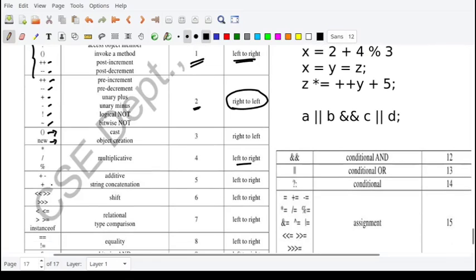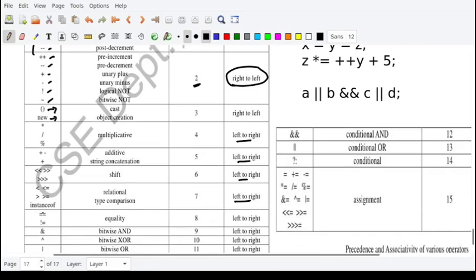Then you have plus, minus, that is additive symbols, and this plus for string concatenation. Next level of precedence, they are evaluated from left to right. Then left shift, right shift, etc. They are evaluated from left to right. Then relational operations like less than, greater than, less than or equal to, greater than or equal to, they are evaluated from left to right.